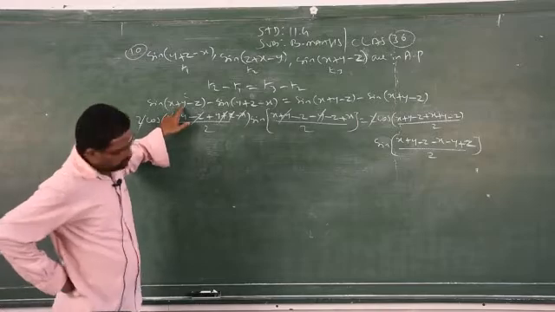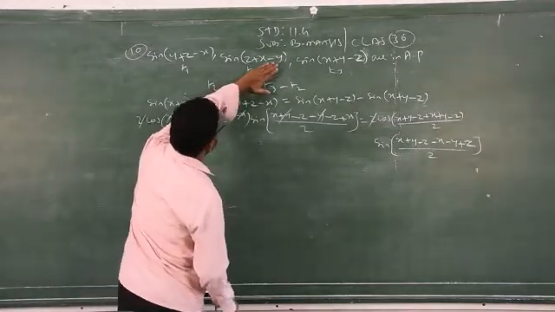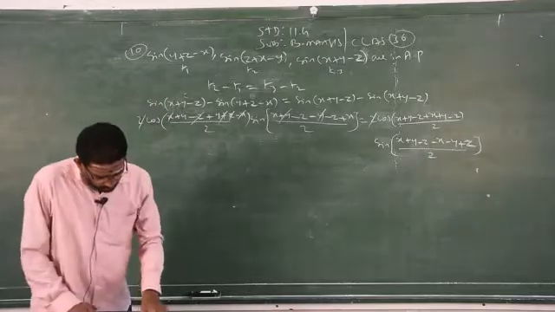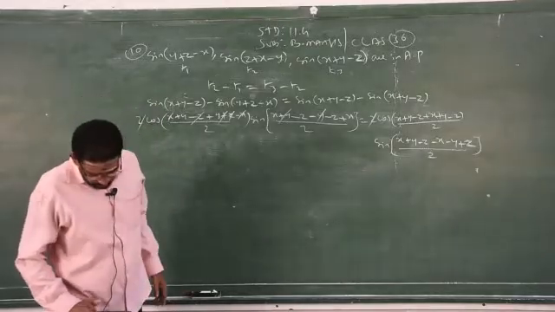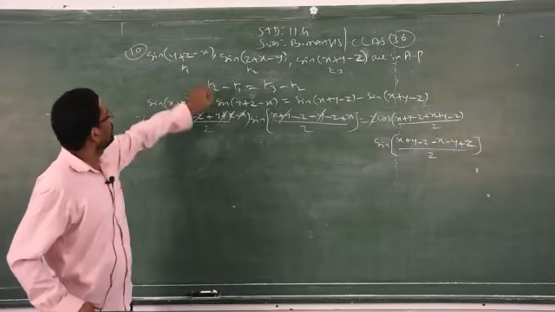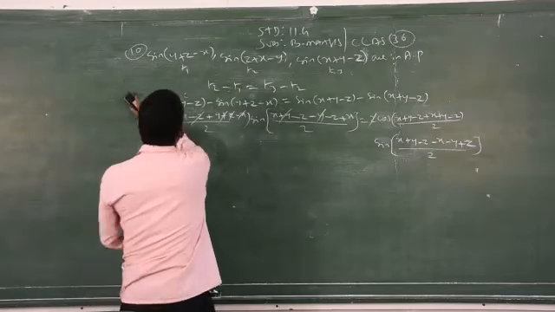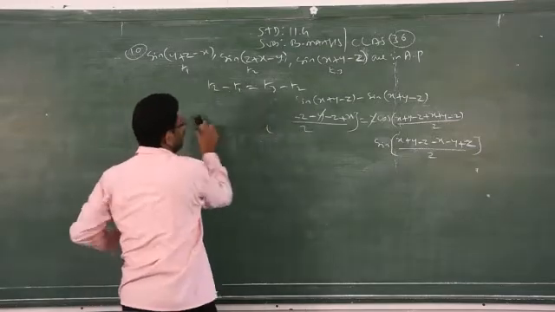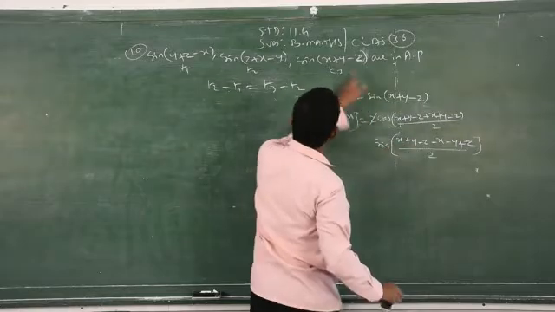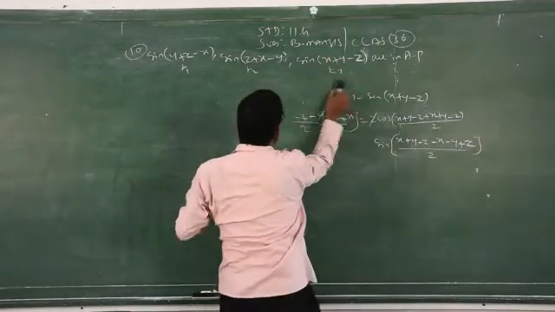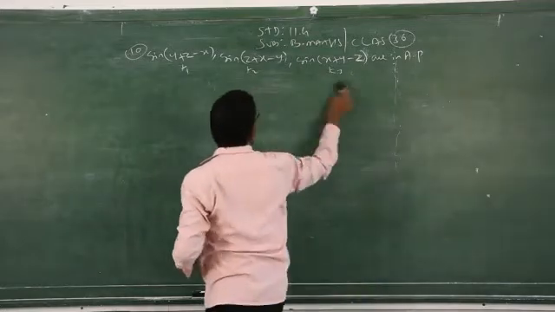So here I changed it, because I wrote T2 wrong from the question: sin(z plus x minus y), sin(x plus y minus z), sin(y plus z minus x). Because here I got some problems, that's why I am checking the question. So wherever you make mistakes, please check the question and do it.